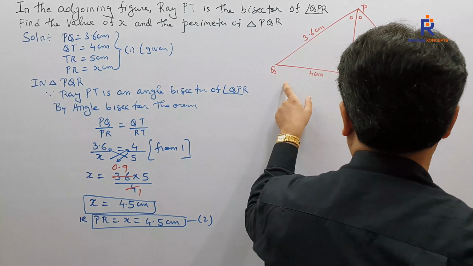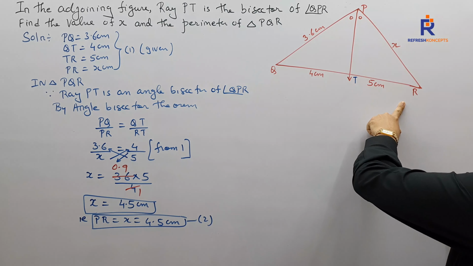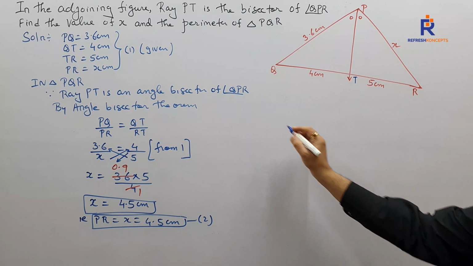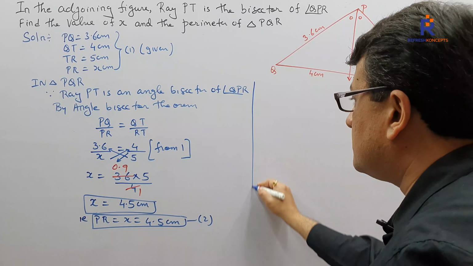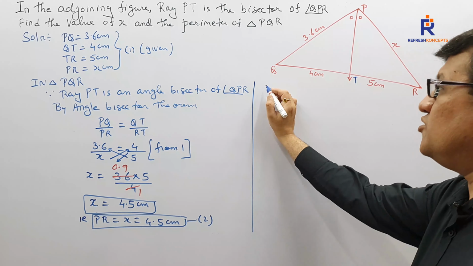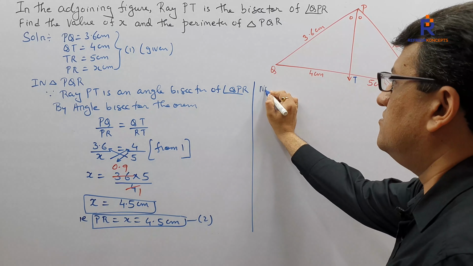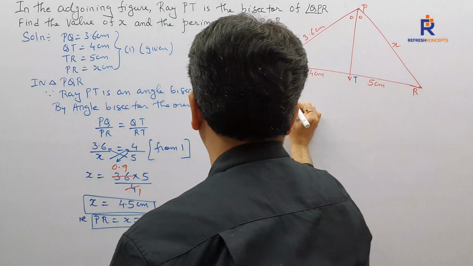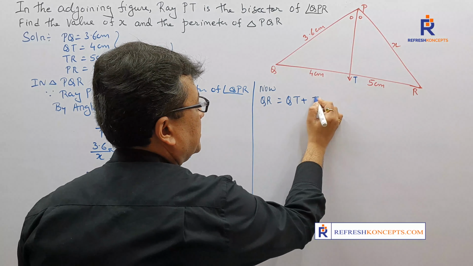And then finally what we want is QR. But QR is nothing but QT plus TR together, the summation of QT plus TR. Before going for perimeter, what is QR? QR is QT plus TR.